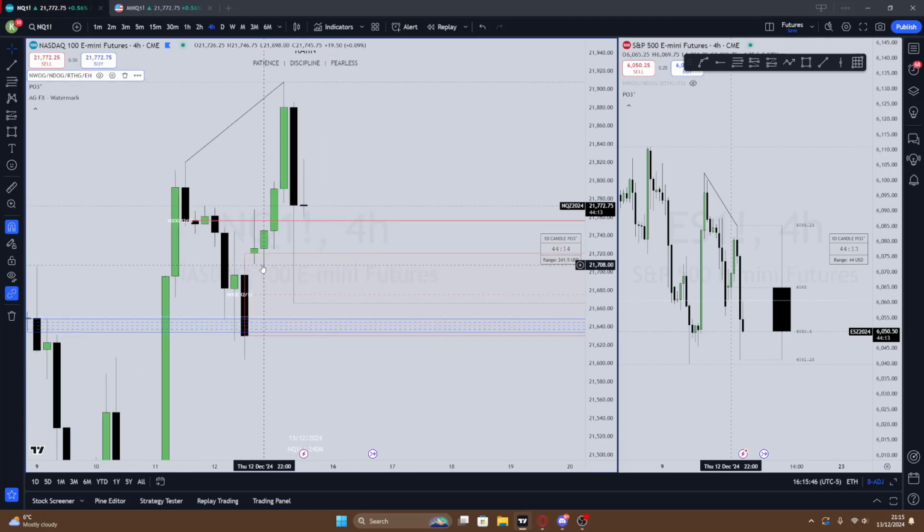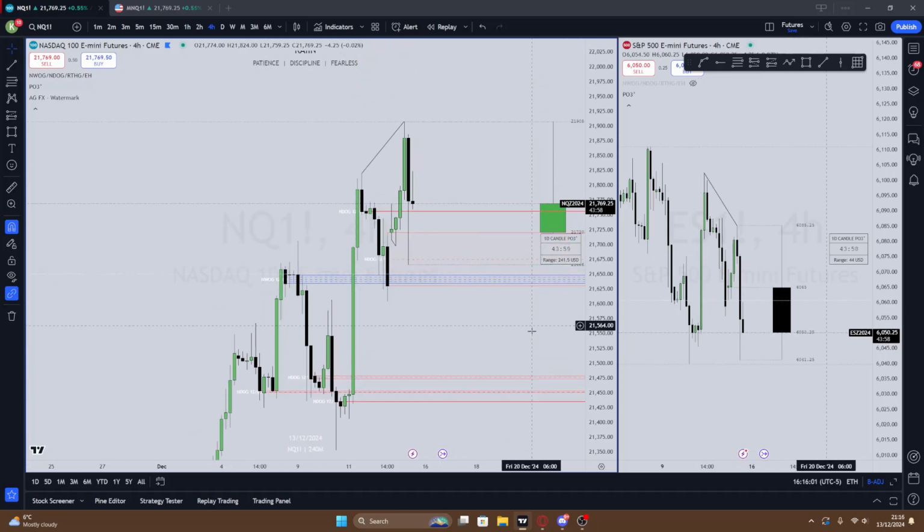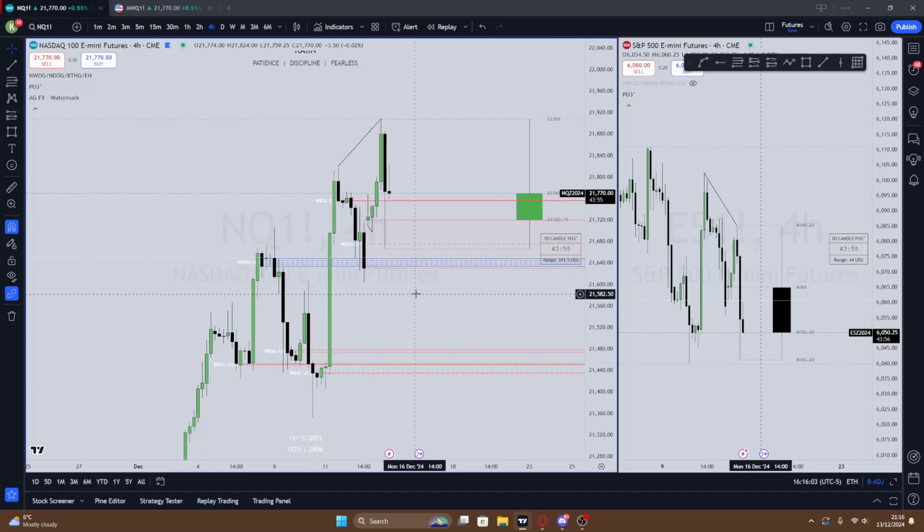So these two, right? Here's the SMT on the bullish side of things, but this is older than this, so I would use this SMT, and that's what I failed to do in today's trading session.